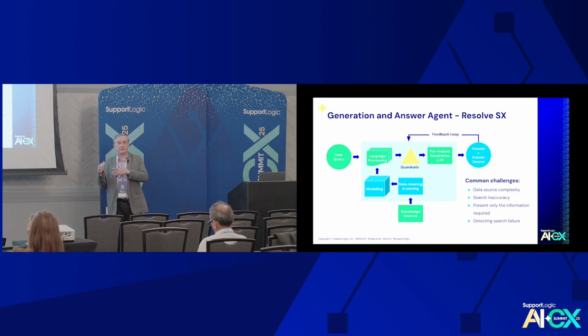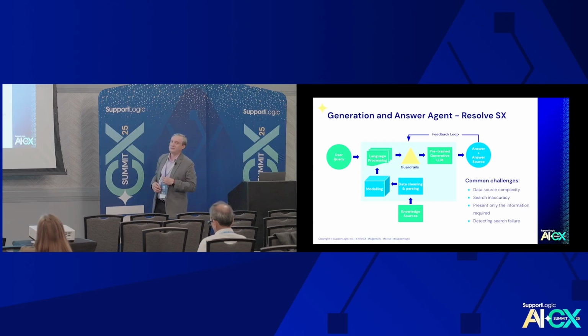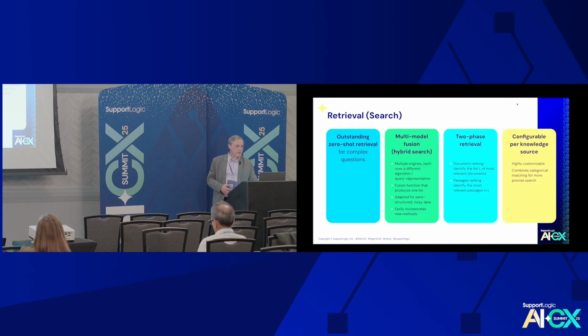So that after that, we get the response that is based on the data, not just a random one. And what is super important here is the yellow triangle, guardrails. This is very tricky. There's a lot of research that went into how to create good guardrails.